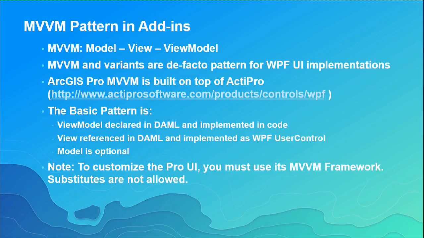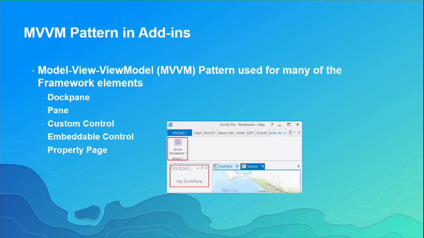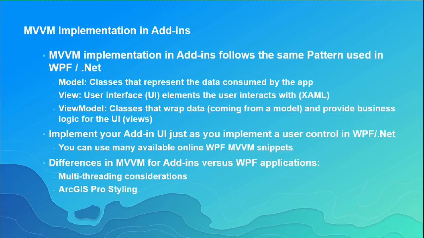You cannot use any substitutes. For a few examples that deploy the MVVM pattern in Pro, we're looking at some framework elements here: the doc pane, the pane, custom control, embeddable control, and property page. These are just some of the samples that deploy MVVM.